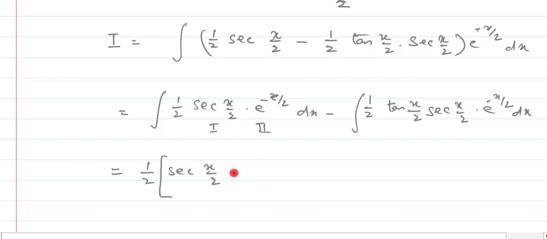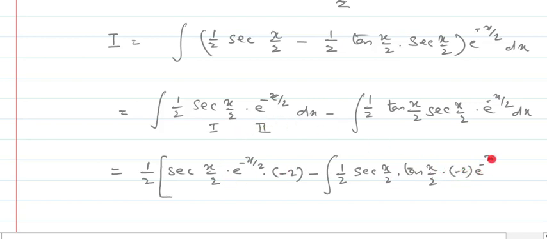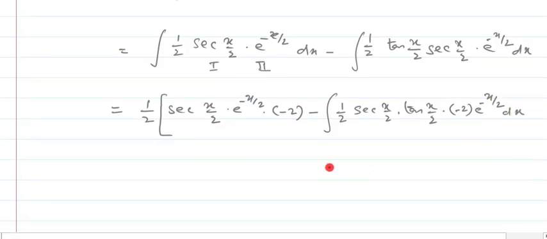Clearly the integration is e power minus x/2 into minus 2, because we are having minus 1 upon 2 in the power, so I have taken this minus 2 over here. Okay, minus the integration of the differentiation of this portion, which is clearly 1 upon 2 sec x/2 into tan x/2, again into the integration of this portion, which is clearly minus 2 into e power minus x/2 dx, and no change over here in this portion.